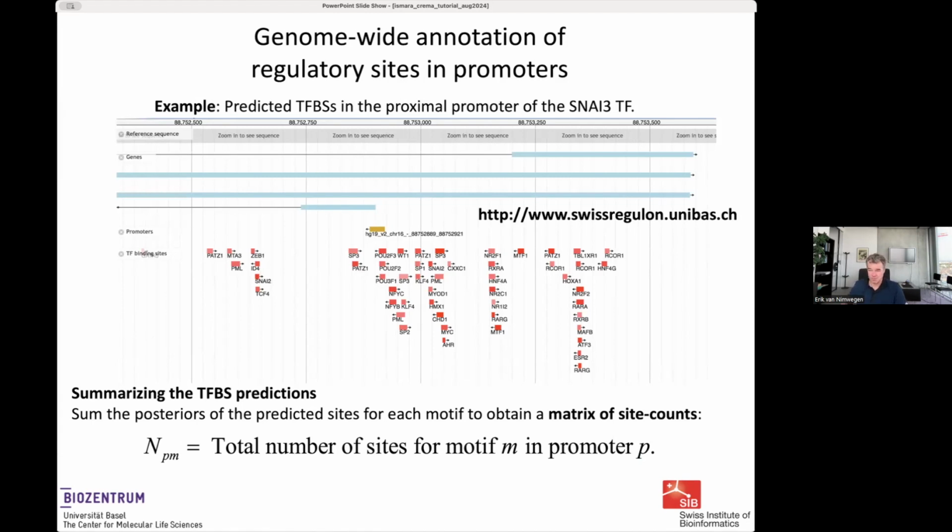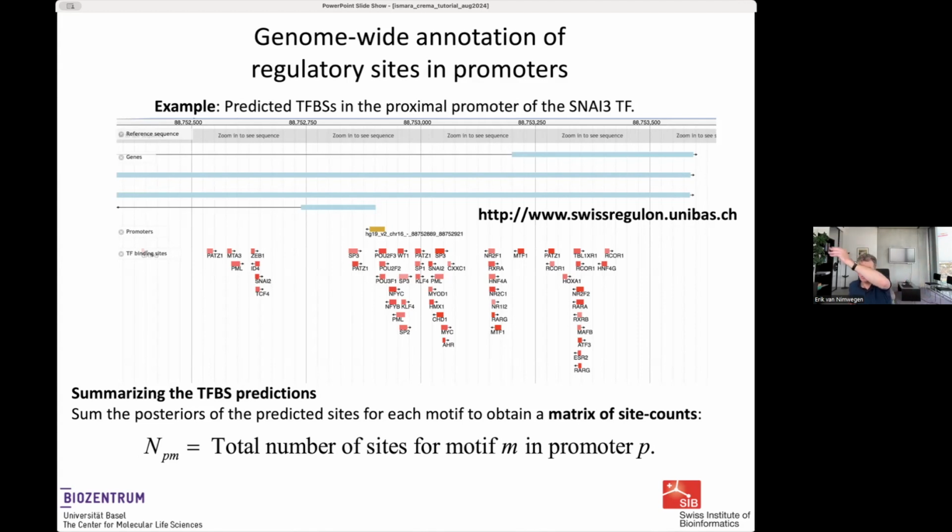And so we take these genome-wide binding site predictions and we summarize them all into one big matrix, which we call the site count matrix. Along all the rows are all the promoters. There are about 35,000 or so promoters in the human genome, so there will be 35,000 rows in this matrix.